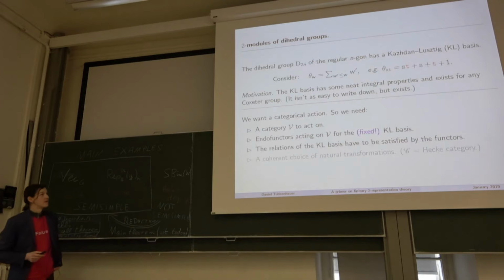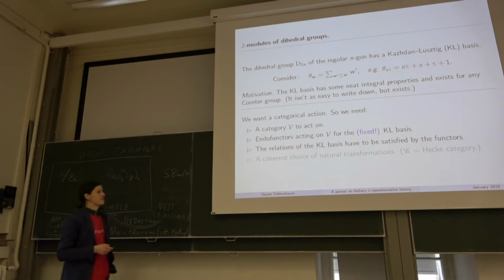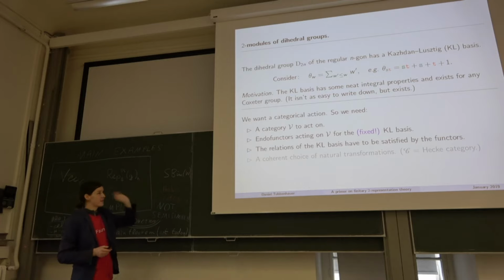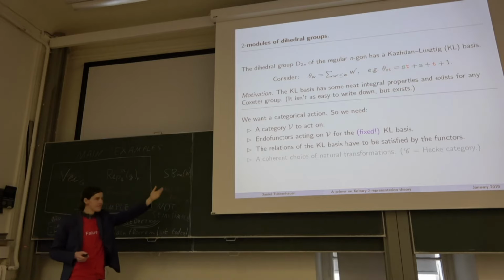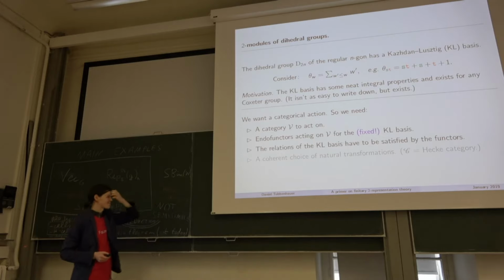Okay. Oh yeah, I wanted to show you the dihedral case. So what you do is, there's a Kazhdan-Lusztig basis, and you fix this basis. You will see the difference in a second. What you want in order to cook up a two representation is basically a category where you can act on, and the functors for your fixed basis, and the relations of the functors.